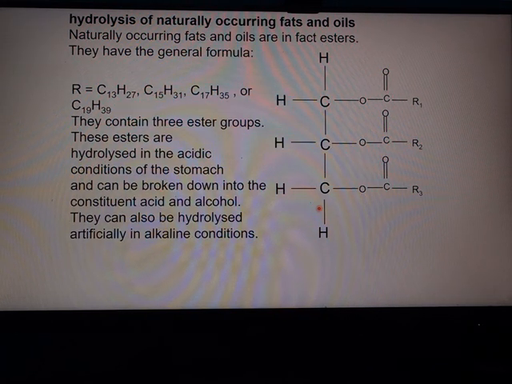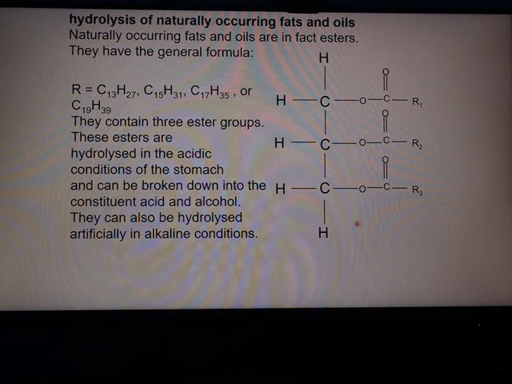So this is your fatty ester, sometimes it's called. You can see that that's your ester. If you hydrolyze it, you're going to get your carboxylic acid, and then you're left with propane-1,2,3-triol.